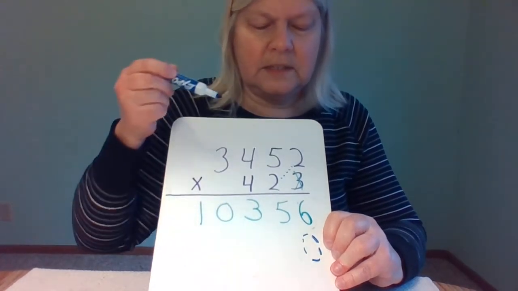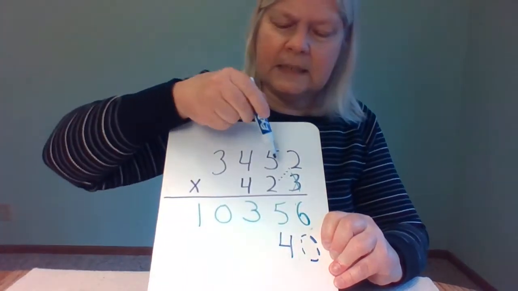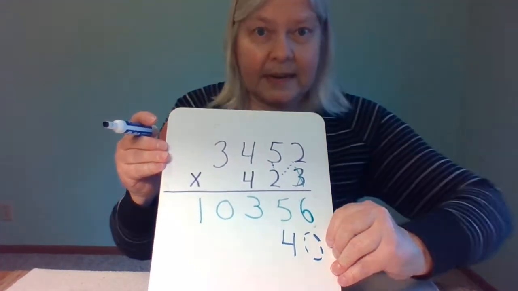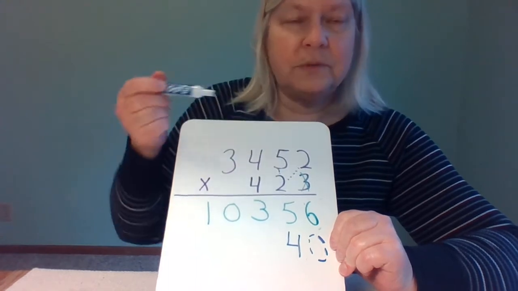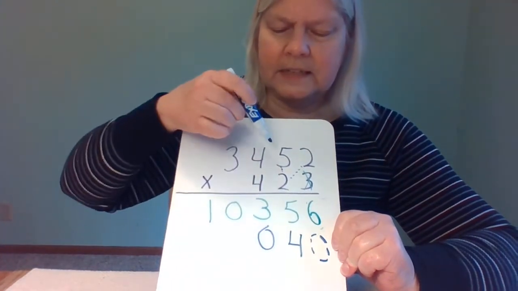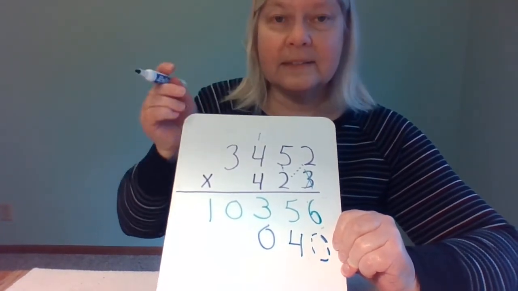Tens times the units is 4. I like to make the little tiny dotted lines. It helps to know where to put the trade if there is one. Oh, like 5 times 2 is 10. There's going to be a trade. Here's your 0. The 10 goes upstairs and next door to where we're working, right there.